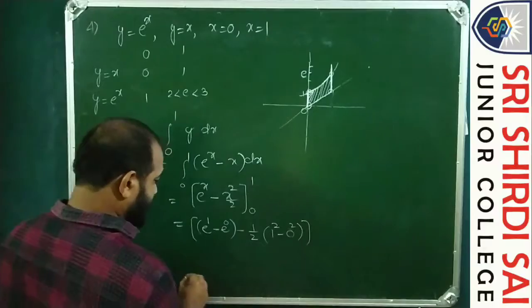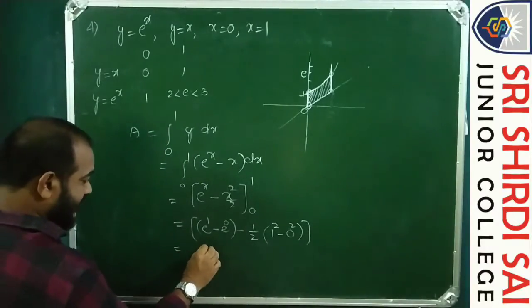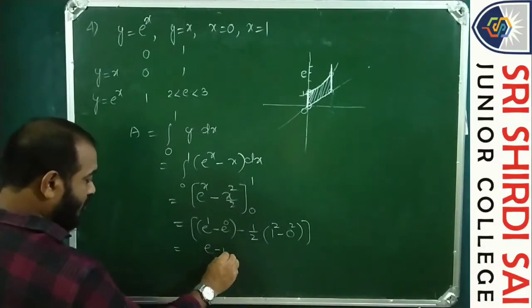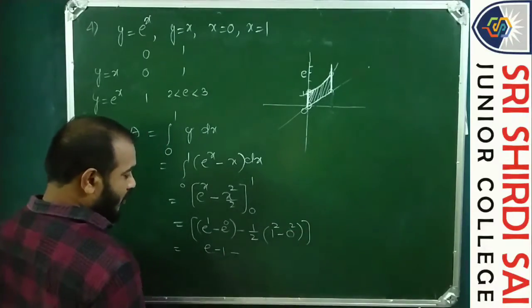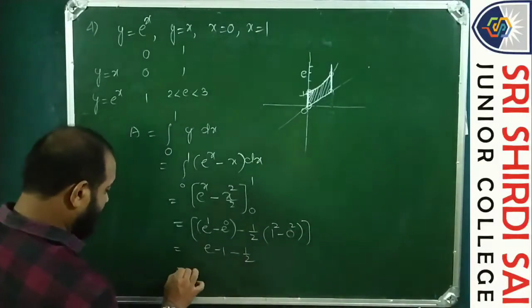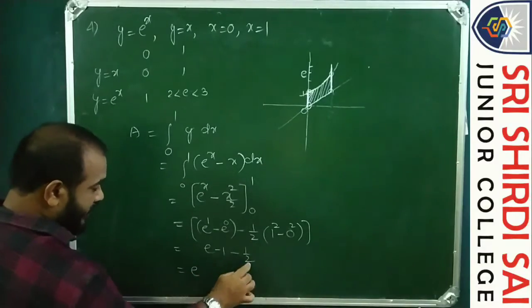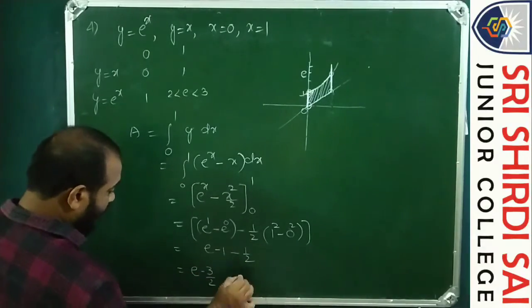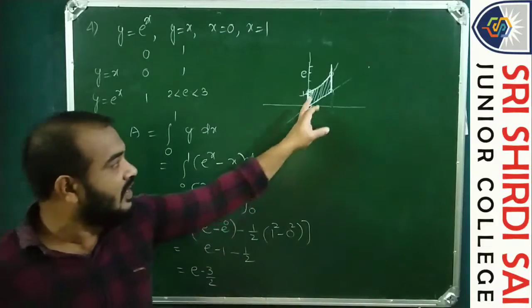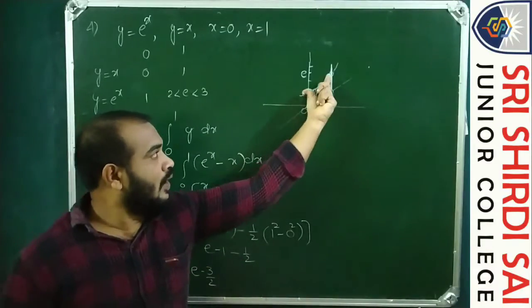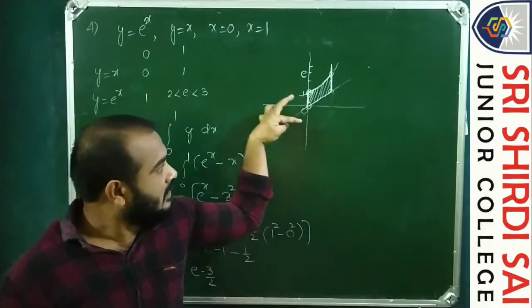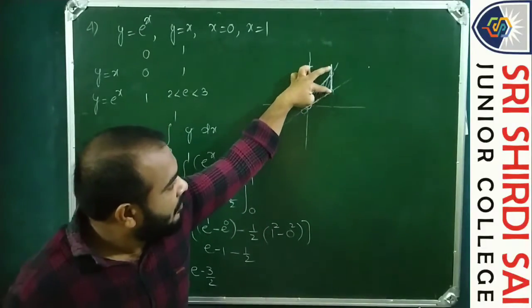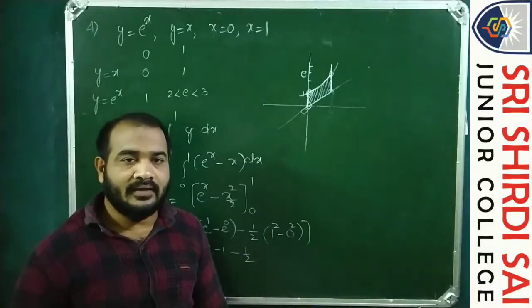So this is equal to e power 1 is e, minus e power 0 is 1, minus 1 into 1 by 2 is 1 by 2. So this is equal to e minus 1 minus 1 by 2, which is e minus 3 by 2. So e minus 3 by 2 is the area bounded by y equals e power x, y equals x, the y axis, and x equals 1.